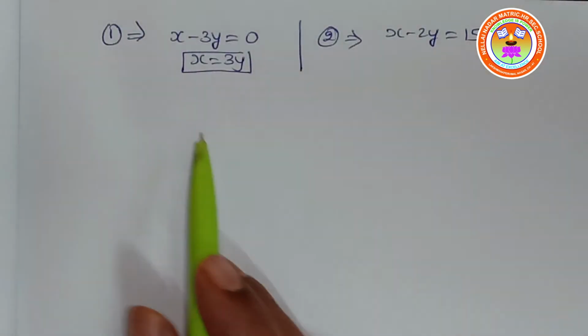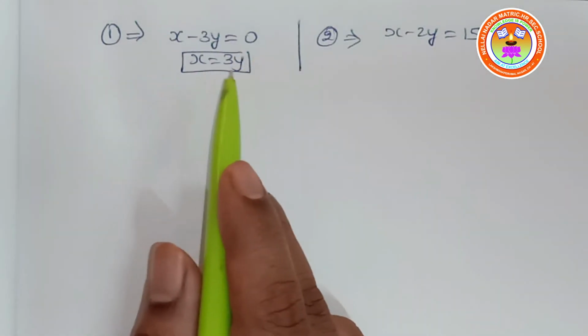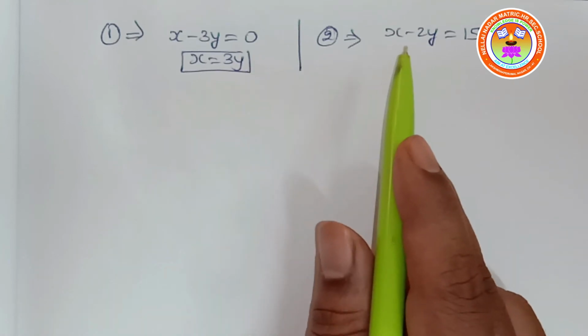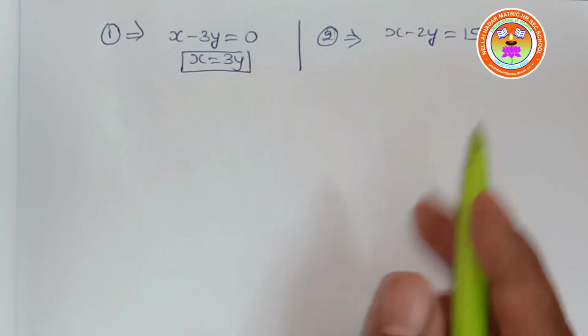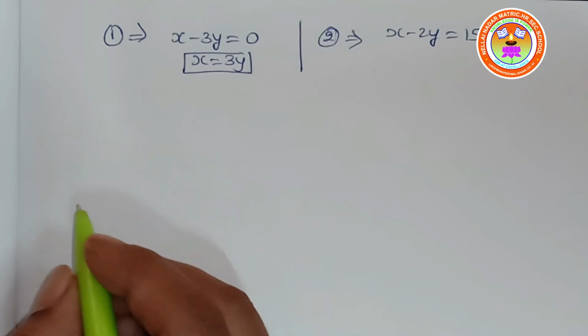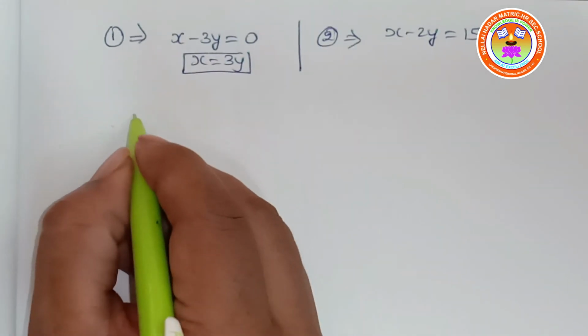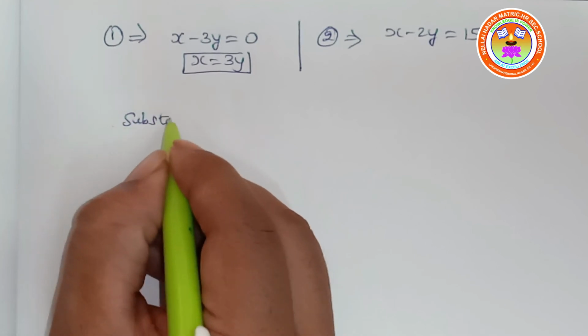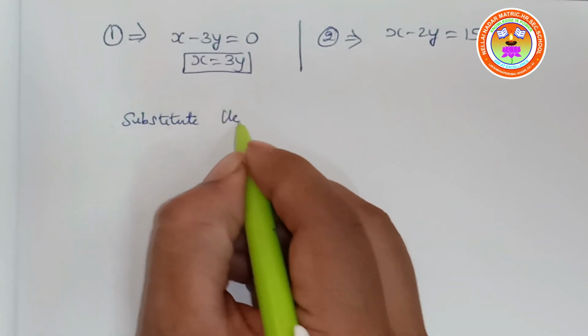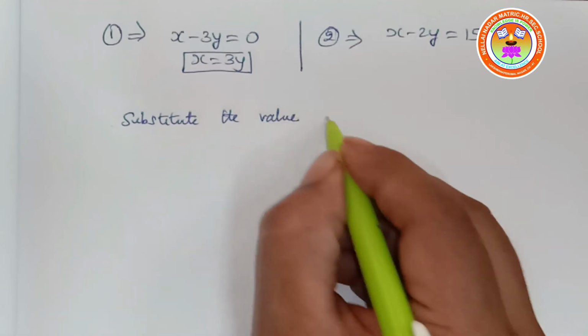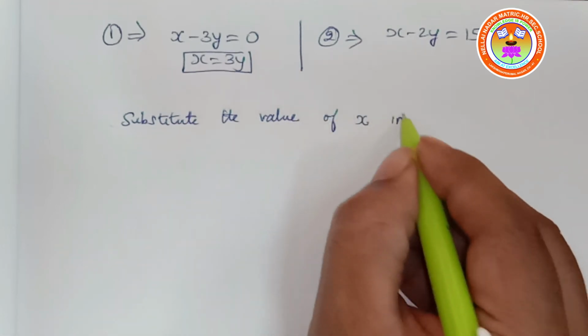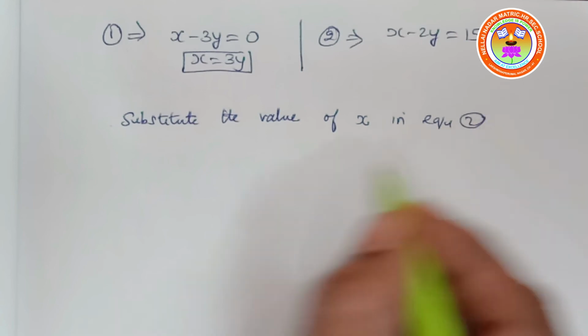Now the first equation is x minus 3y equal to 0, so x equal to 3y. The second equation we got is x minus 2y equal to 15. Equation 1 becomes x equal to 3y. Substitute the value of x in equation 2.